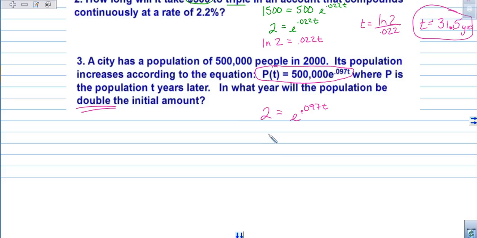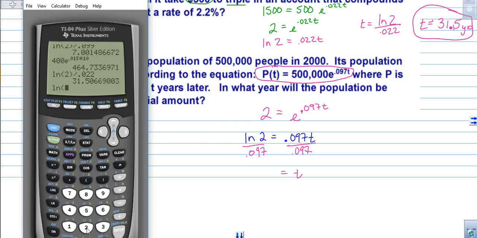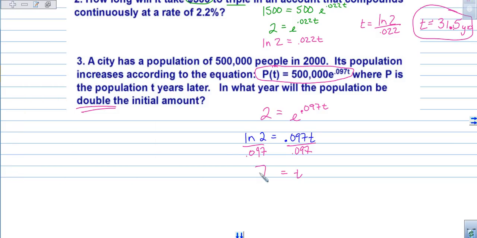Okay, and then we'll do the natural log of 2 will equal 0.097t. Okay, and then we'll divide by 0.097, and so t will equal the natural log of 2 divided by 0.097. It's going to be close to 7. Yeah, 7.14 years. Okay.